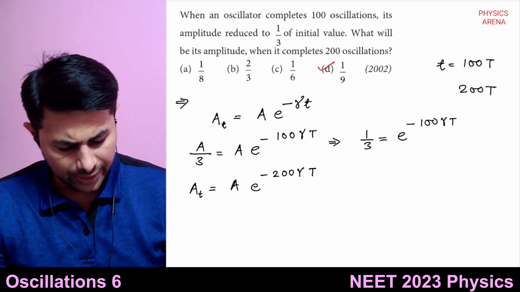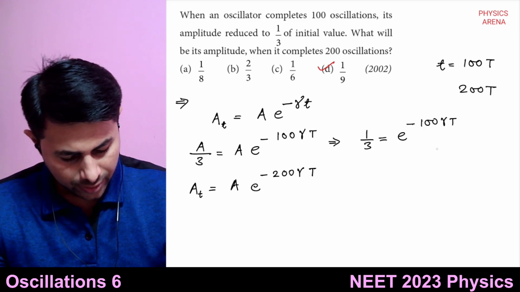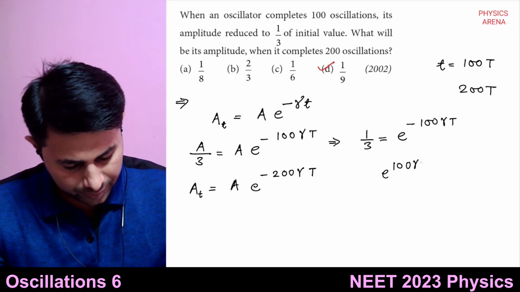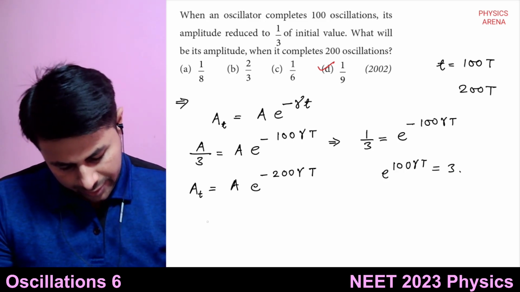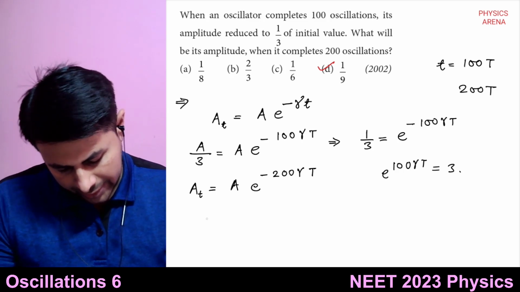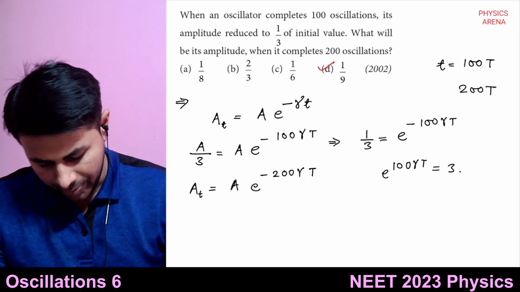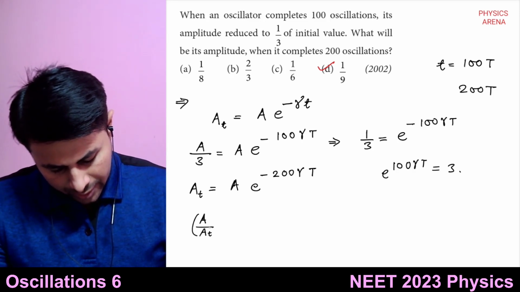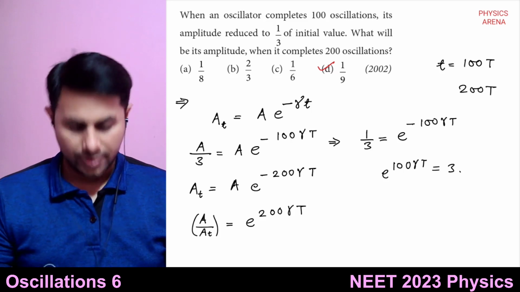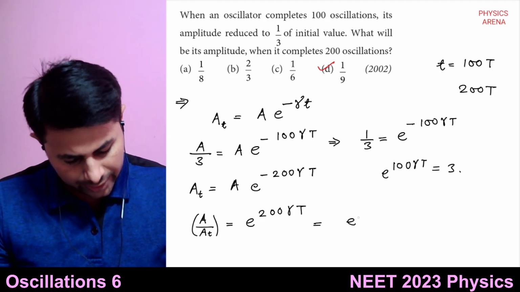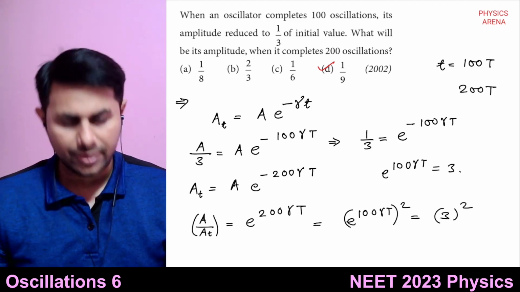So you can write 3 is equal to e raised to 100 gamma T, right? So e raised to 100 gamma T equals 3. Okay, and you can substitute that here. So let's write A upon A2 is equal to e raised to 200 gamma T. Or this is equal to e raised to 100 gamma T whole square, that is 3 square, right?